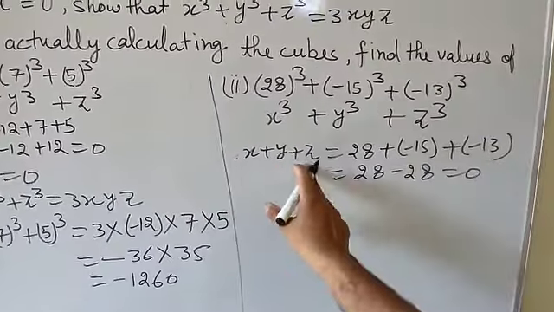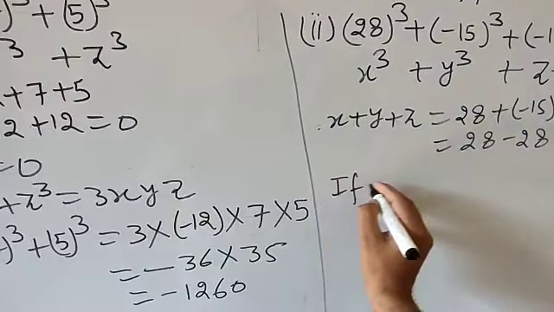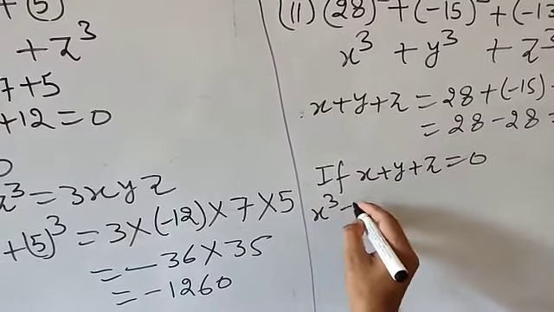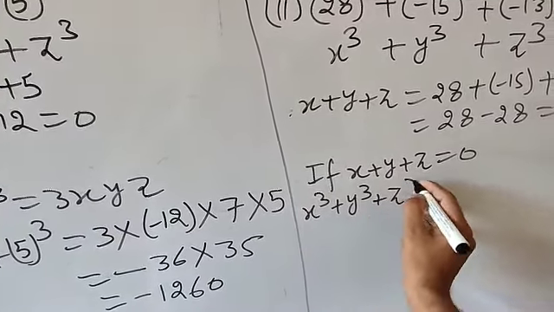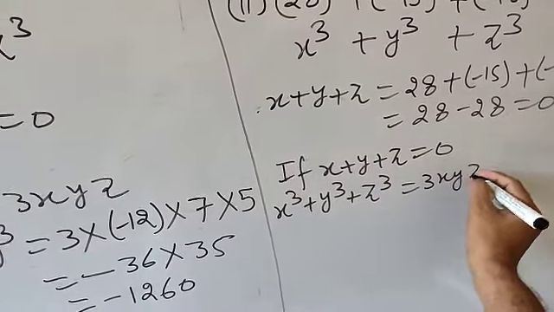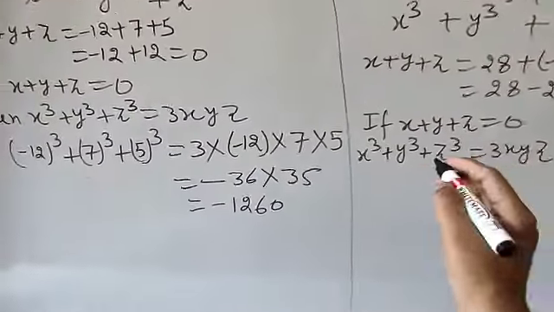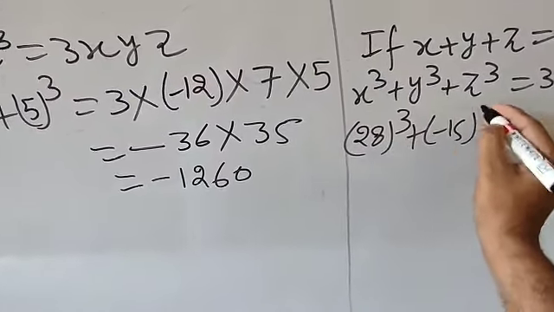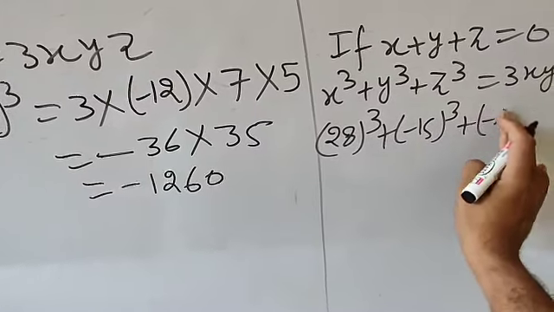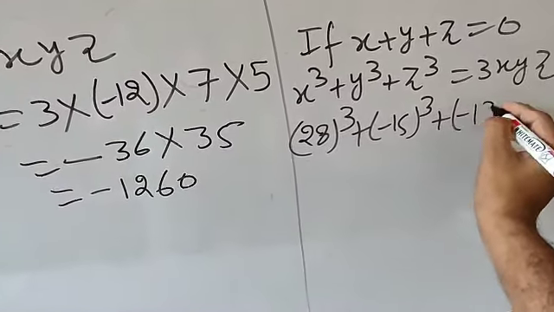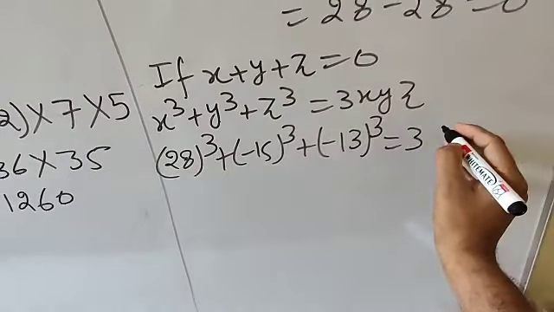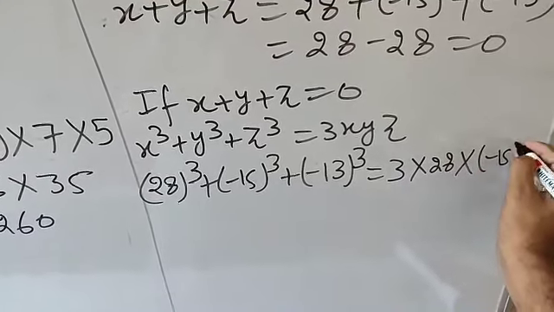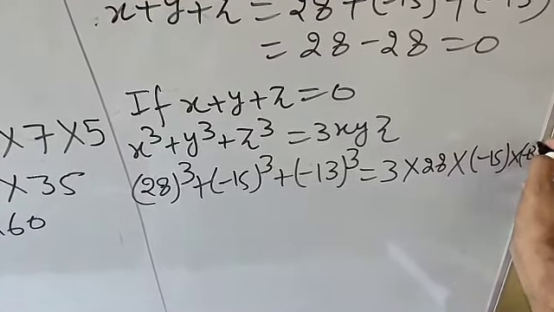So again, if x plus y plus z equals 0, then you can say that x cube plus y cube plus z cube equals 3xyz. So you will write 28 cube plus minus 15 cube plus minus 13 cube, which is equal to 3 into 28 into minus 15 into minus 13.